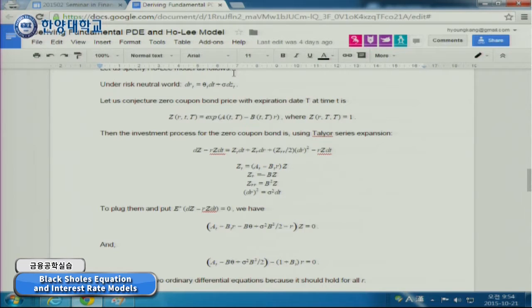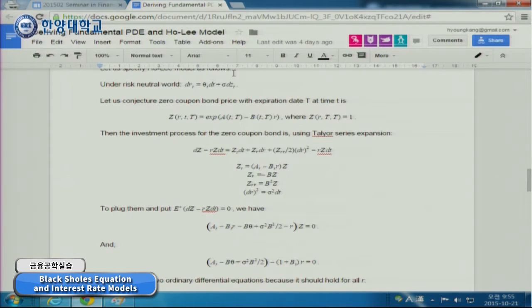So let's conjecture the price Z looks like exponential of A(t,T) minus B(t,T) r. Let's conjecture, so we are guessing that Z looks like this.